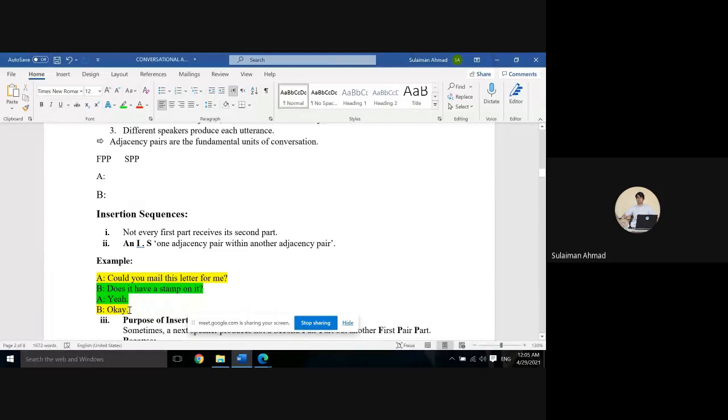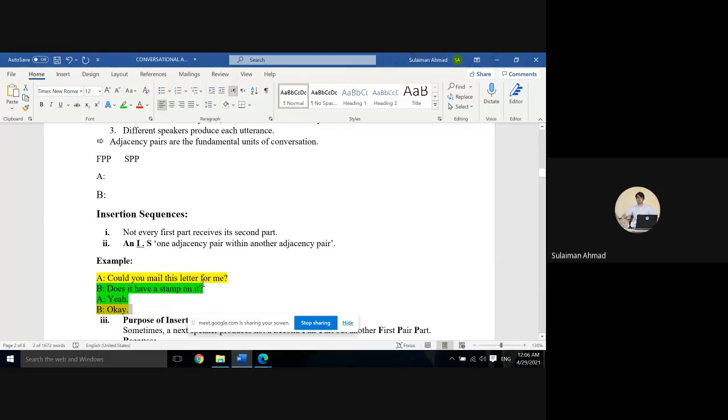Instead of saying okay, speaker B may ask a question. Speaker B may initiate another adjacency pair. He or she may say, does it have a stamp on it? And speaker A may reply, yeah. And then speaker B will say, okay.